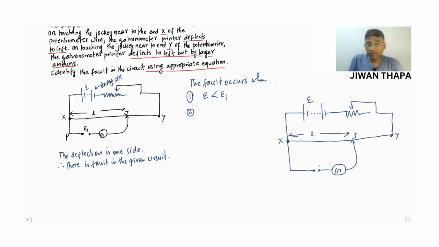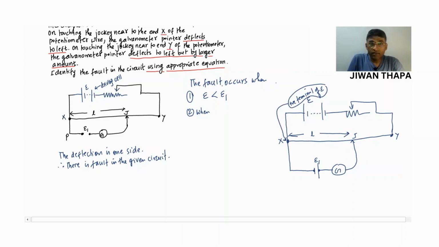This length is L, and we have cell having EMF E1. Next, we find the positive terminal of E. This is connected to end X. It is given in the question, okay?